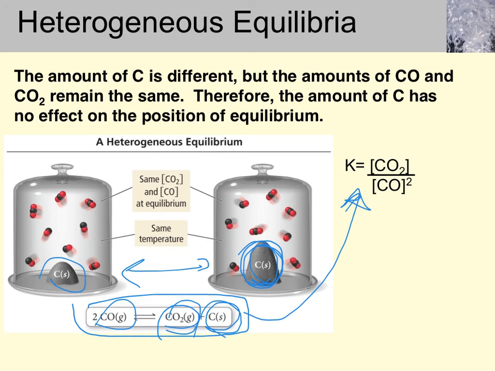It's not going to shift the equilibrium toward product or reactant or anything. So it's not going to have any effect at all. So what that simply means is, although the reaction needs solid carbon to proceed, it is not affecting the relative rates of the forward and reverse reaction.